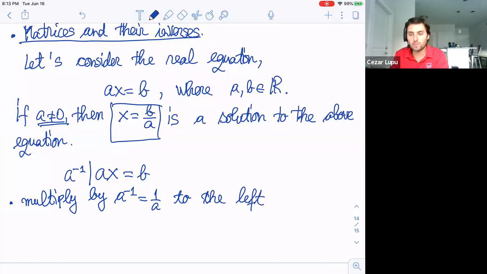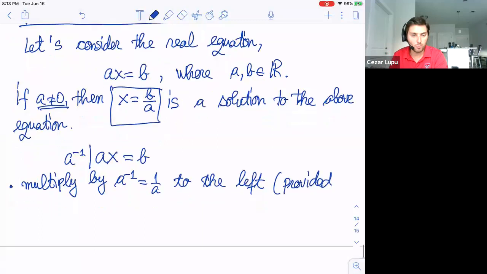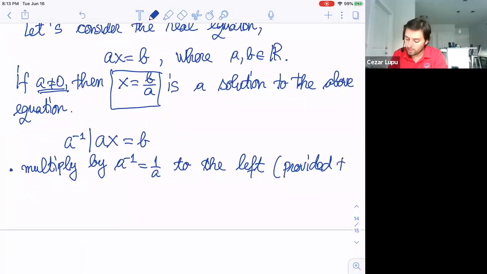I'm showing you this procedure, which you take for granted, so that you can see how we're going to apply it when we deal with matrices. I need to make sure that A inverse exists, so that 1 over A exists. This means provided that A is different than 0.